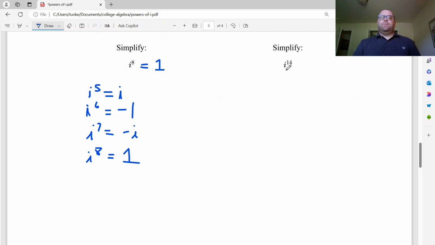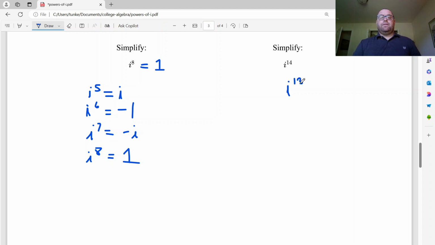Okay, so we don't want to keep writing this stuff out, so we want to think about this. Well, i to the 14th. When does a cycle begin? It begins at the number right after, so it begins at i to the 5th, which is right after the power 4. It begins at i to the 9th, which is right after the power 8, and it'll begin at i to the 13th, which is right after i to the 12th.